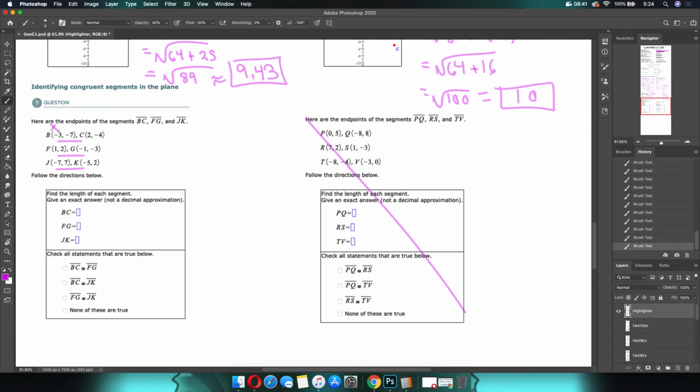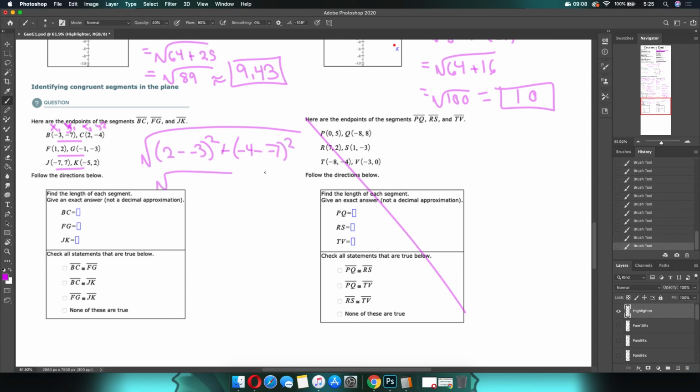Let's call everything in this column x1, y1, x2, y2. So let's get ourselves a setup here. So we have x2, which is 2 minus negative 3 squared, plus y2, which is negative 4 minus, I lost my train of thought, negative 7 squared.